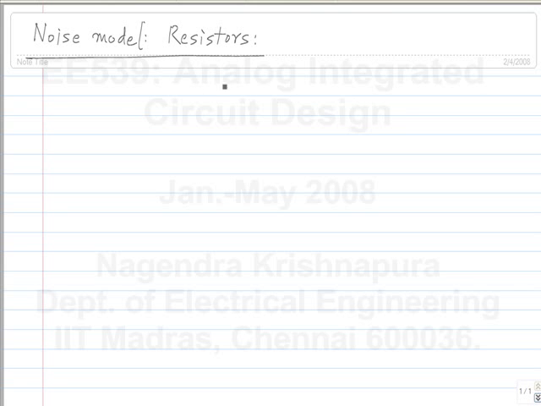And that is the noise of a resistor. So if you apply voltage V, you have flowing in it V by R plus some noise current.